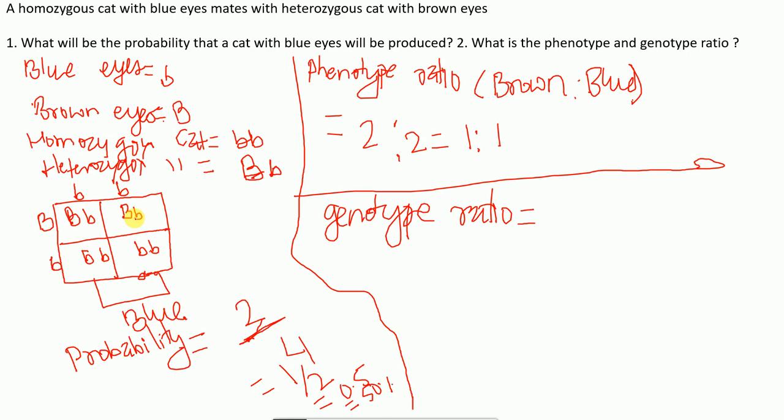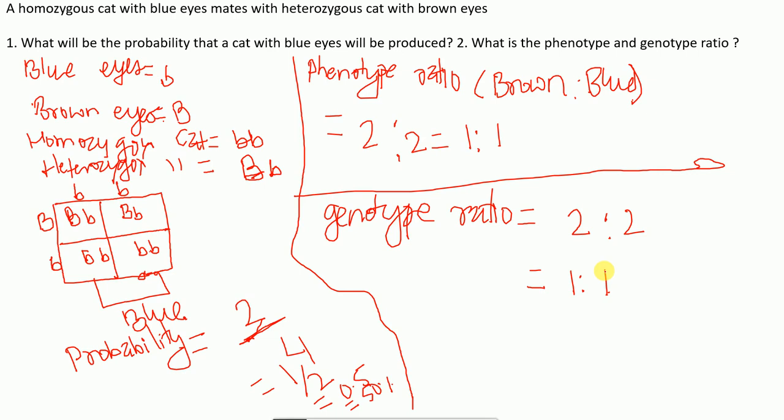So basically the genotype ratio will be 2 is to 2, because in two cases we have homozygous and in two cases we have heterozygous. So this is 2 is to 2, which is 1 is to 1. So this is the genotype ratio. This is how we make the calculation for this kind of problem.